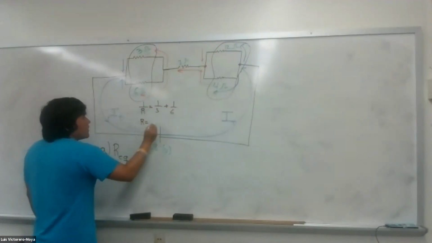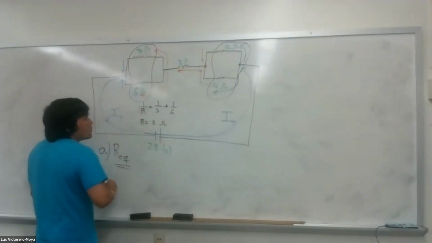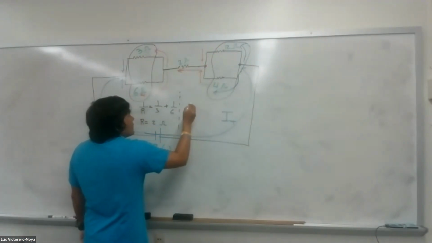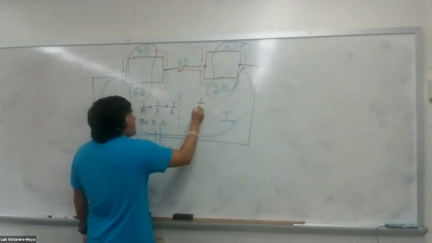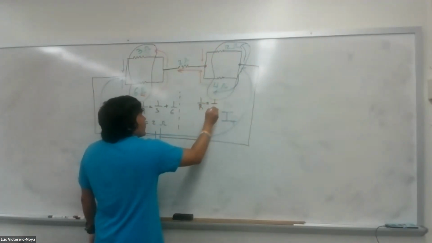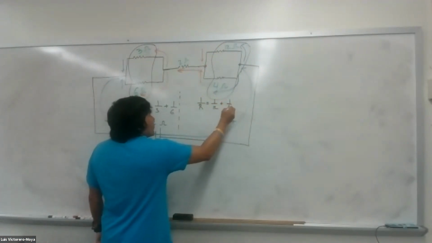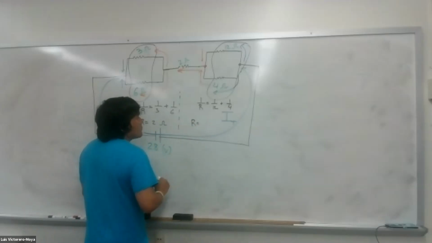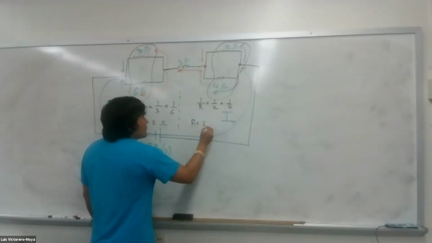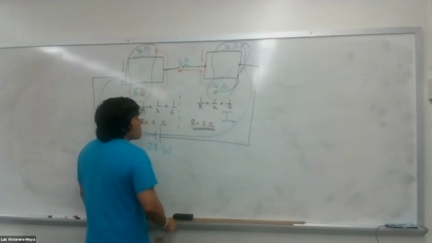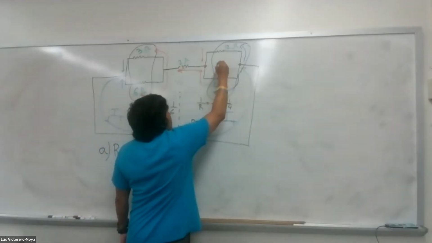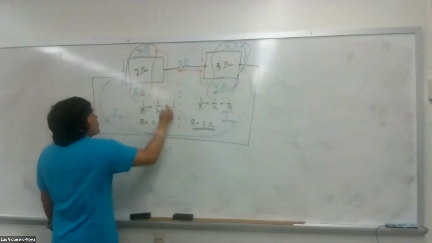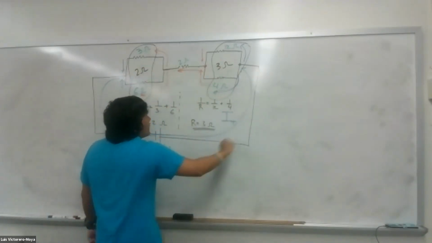If you do your math, this will be 2 ohms. Here, 1 over R, 1 over 12, 1 over 4. So R becomes 3 ohms. So I can put here 3 ohms, 2 ohms, so 2 plus 2, 4 plus 3.